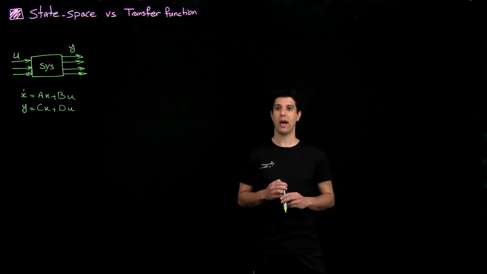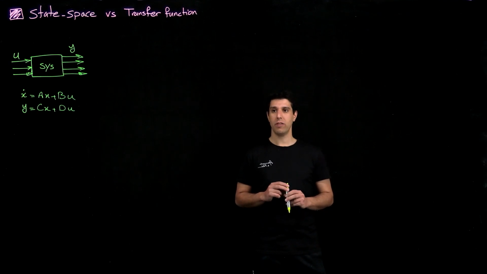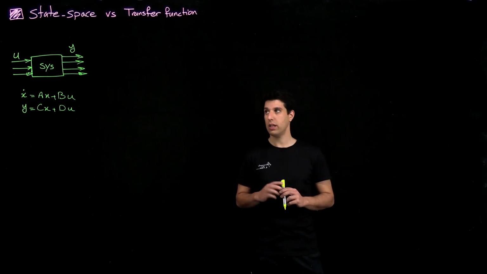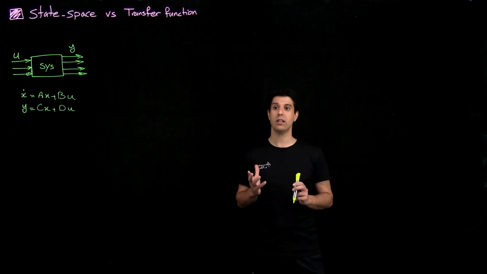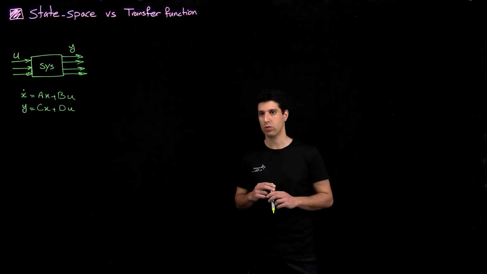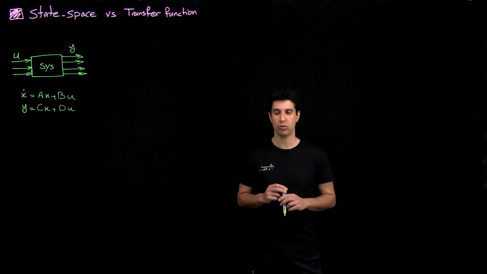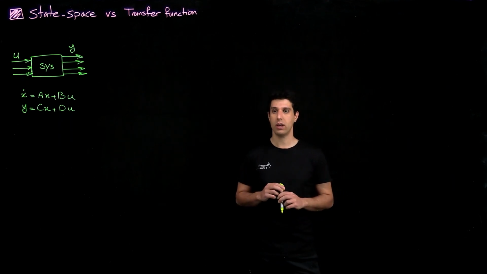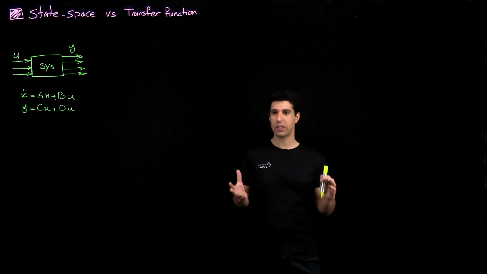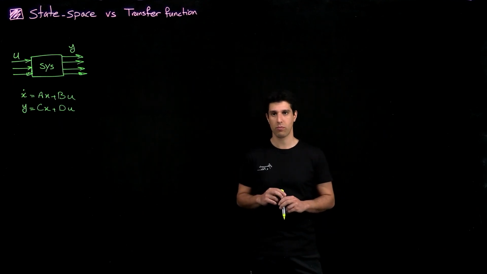Hello, welcome back. So in the previous lecture, we introduced the topic of a state space as another notation, if you will, or modeling approach to describe dynamical systems through a specific structure and form.